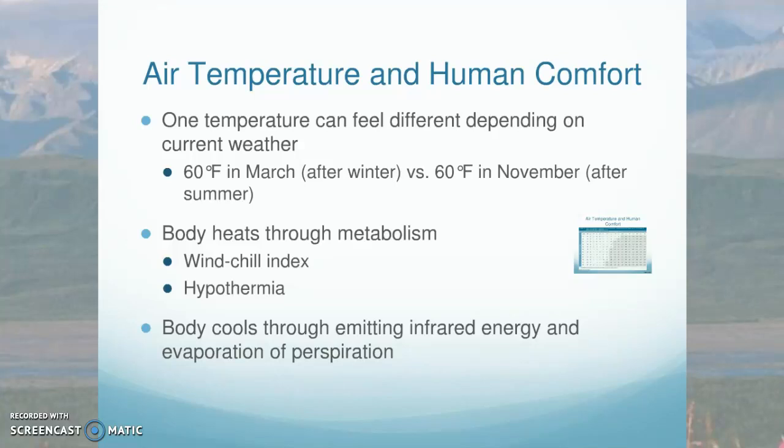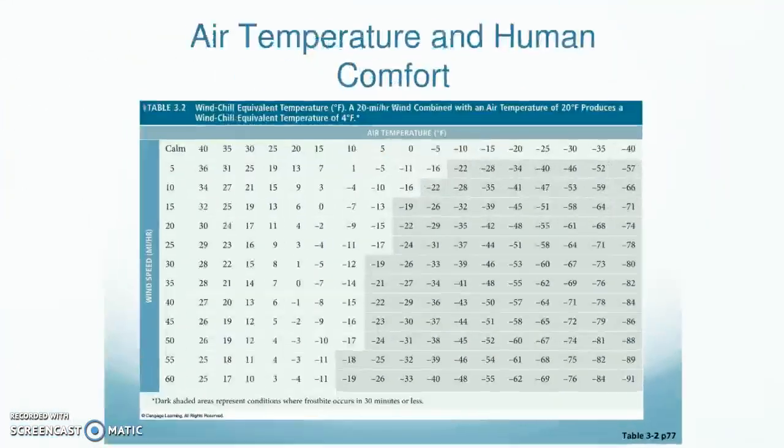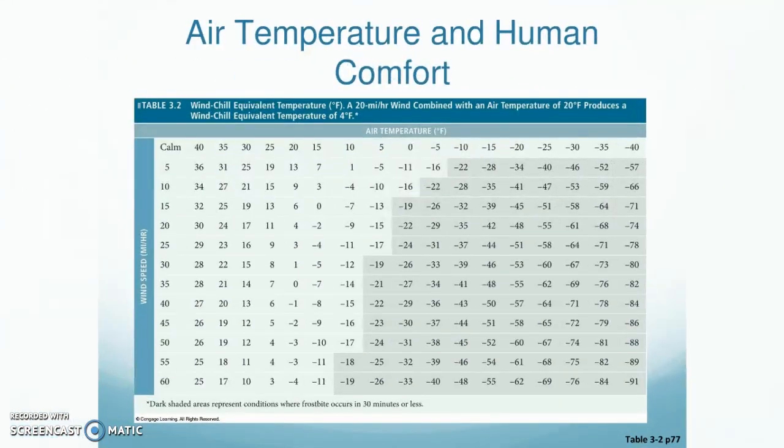Here's another effect on metabolism. It's called the wind chill. Now, basically what happens is when you are standing out in wind, the wind passes over your body and causes evaporative cooling.